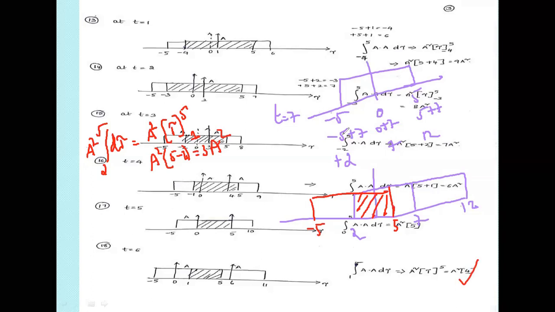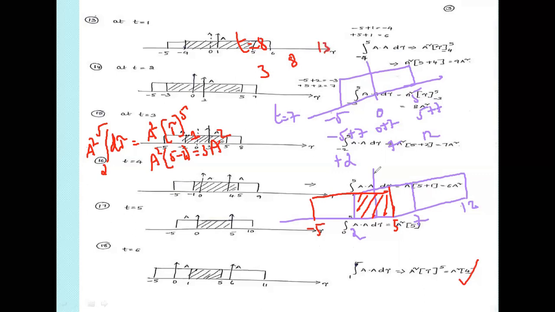At t equal to 7 I did here, and now t equal to 8. T equal to 8 means 8 minus 5 is 3, then 8, and 5 plus 8 is 13.